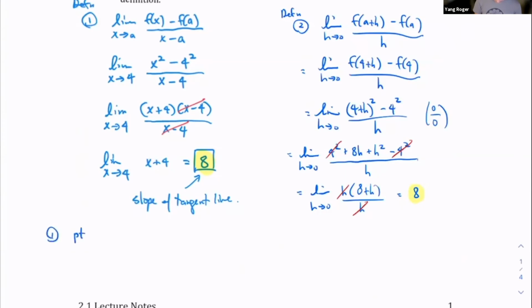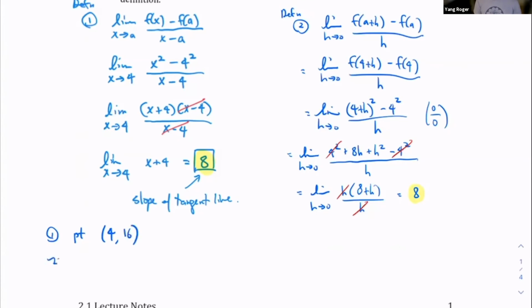Our point is going to be at x equal to 4. I know it has to be at 4 because in the problem it's given that a is equal to 4. To find the y value, I simply plug 4 into the function. So 4 squared is going to give me a 16. So we have 16 here.